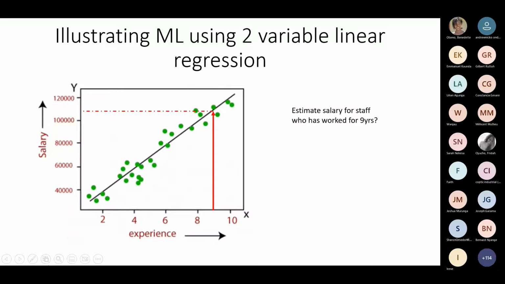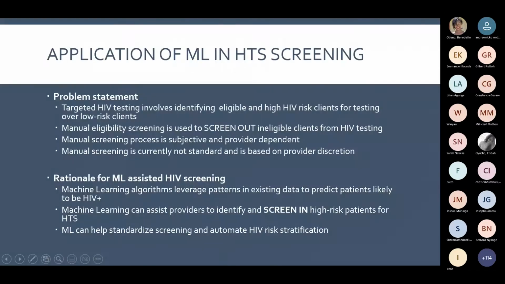So in this example, if you can draw that particular straight line with the correct gradient, then you'll be able to actually estimate that someone who's worked at this factory or company for 9 years would be drawing, say, 110,000 based on the current trends. And I believe that is as simple as you can estimate.